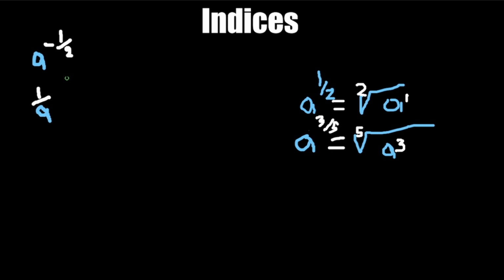However, we can't forget that we still have that half, even though we did deal with the negative, right? So this is going to be the square root of 1 over a. And you see? Really simple. Oh, my bad if my a kind of looks like a 9. Let me just erase that right there. So you see, it's really simple.